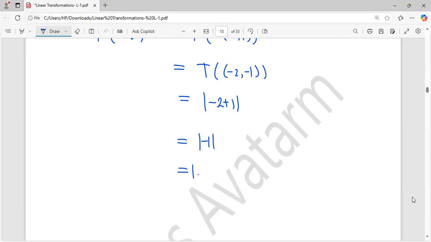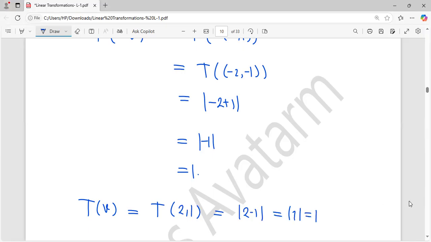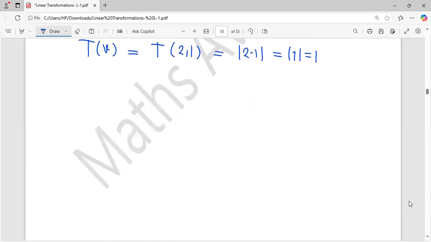Notice now what is T(v)? T(v) is 1. So this implies minus T(v) is equal to minus 1.